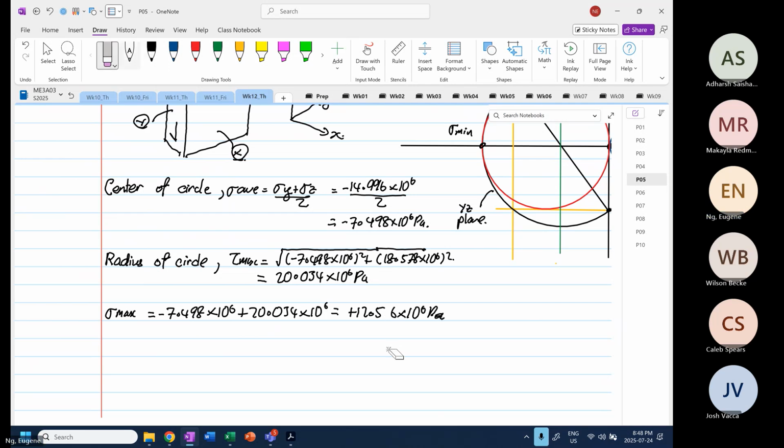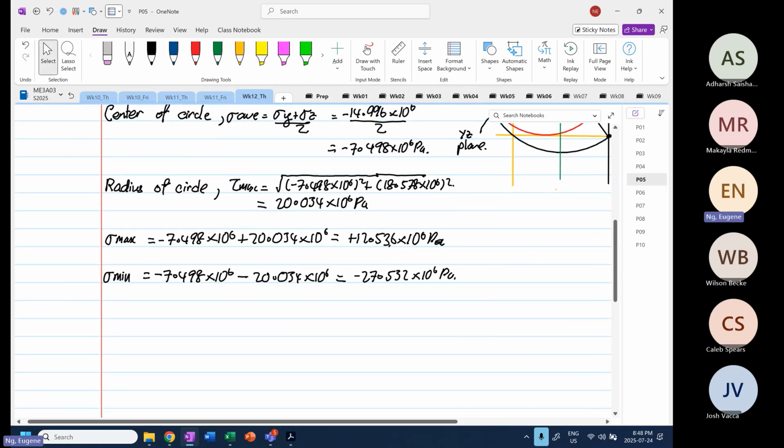And then this is where you have to use the minimum value because the stress min magnitude is higher. So minus 7.498 times 10 to the power 6 minus 20.034 times 10 to the power 6 is equal to minus 27.532 times 10 to the power 6 Pascal.